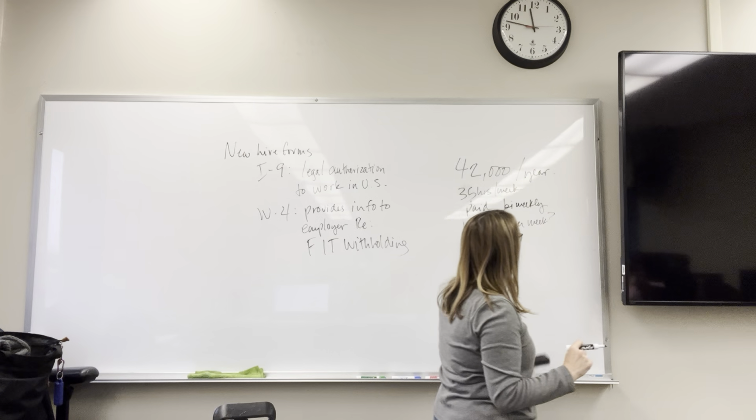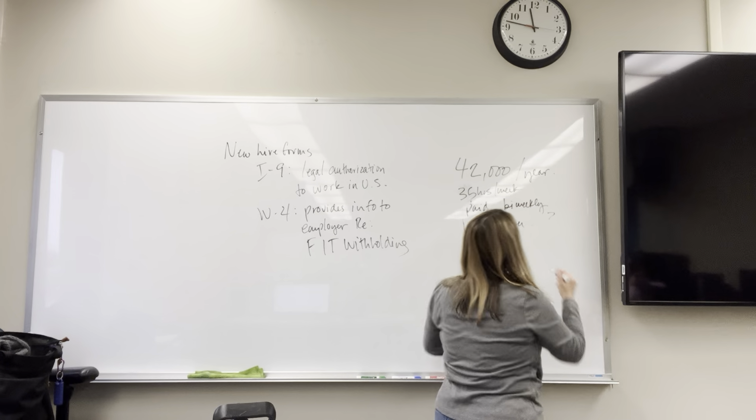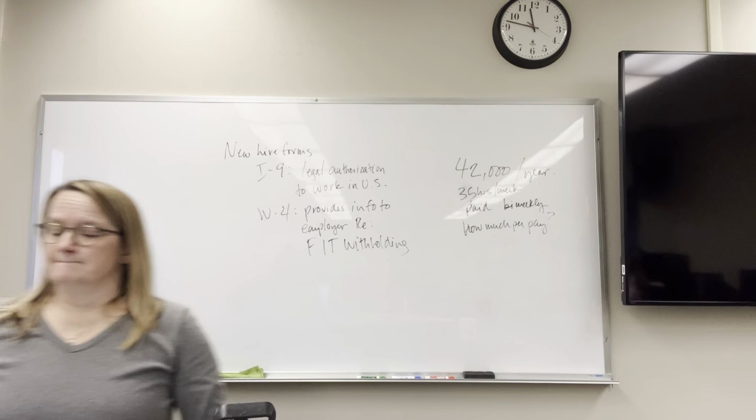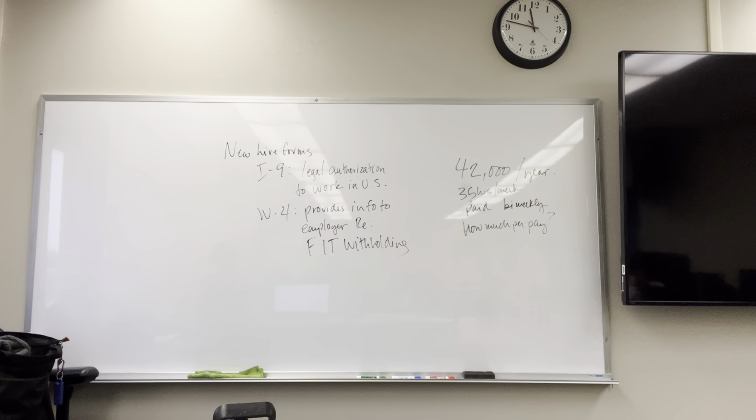Let me put that a separate way. How much per pay? What's the calculation on that? So $42,000 a year, they work 35 hours a week, they're paid bi-weekly. How much do they receive for each pay?